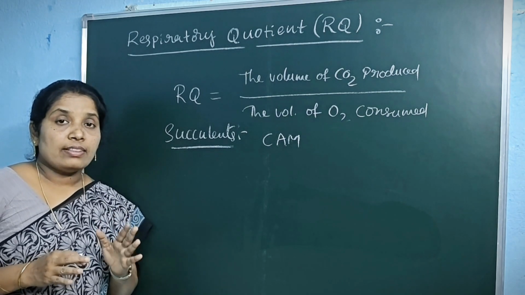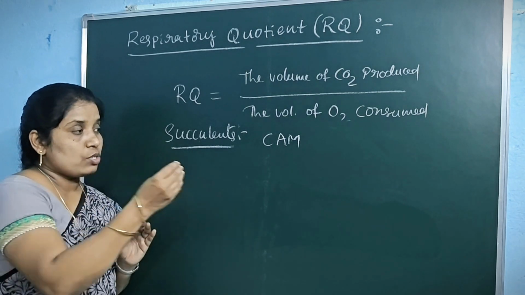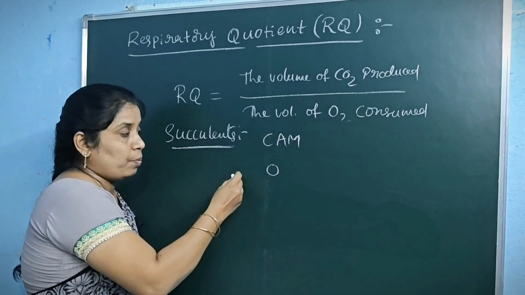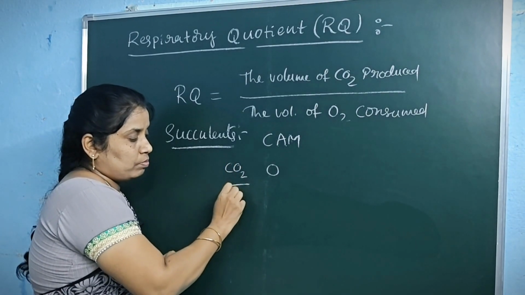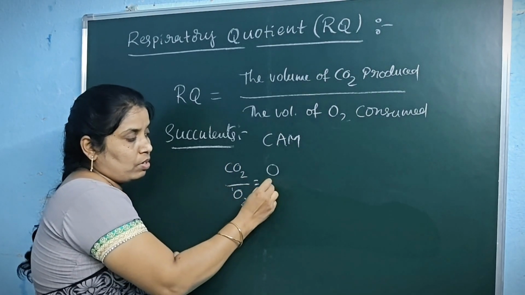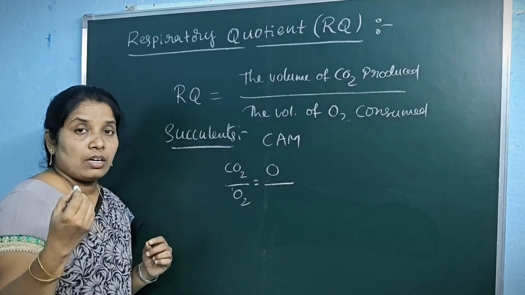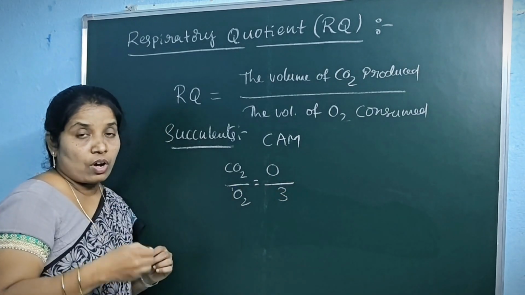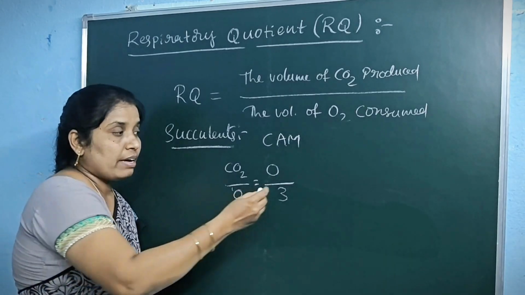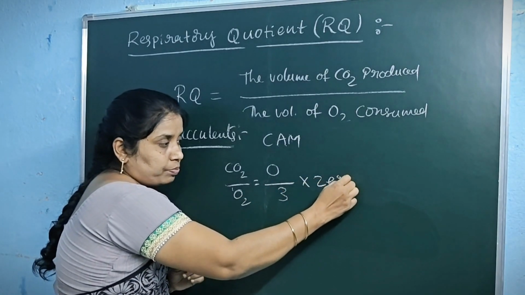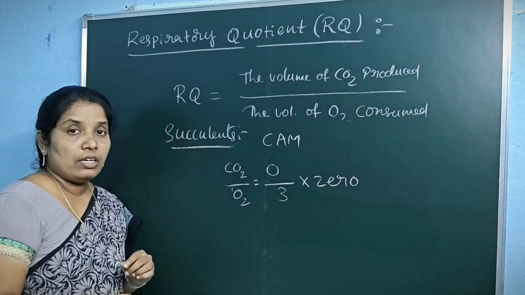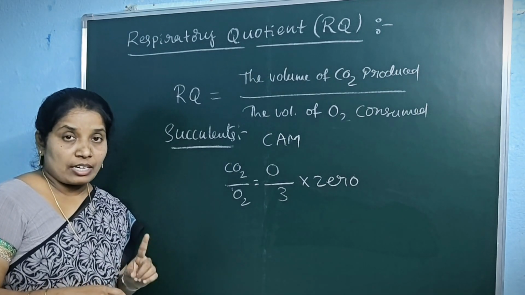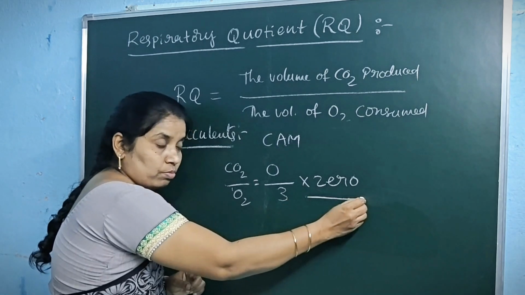So there is no evolution of CO2, so CO2 becomes 0. The O2 utilization may be 3 or 4 or anything, so the value becomes 0. So during daytime, the RQ value for succulents becomes 0.